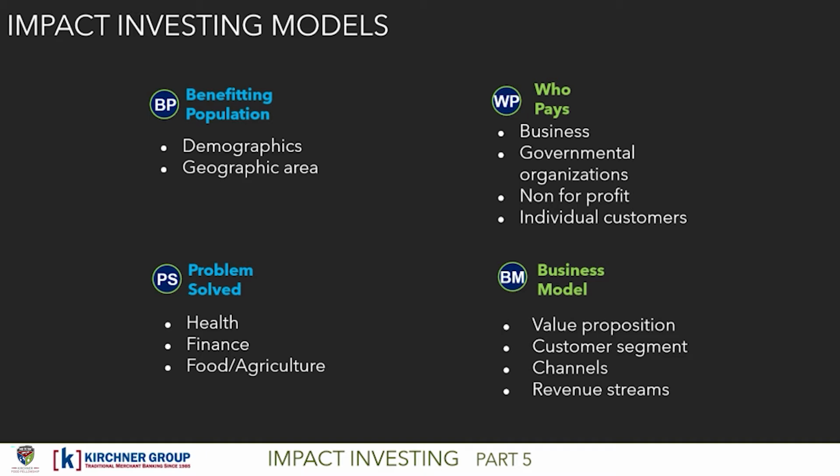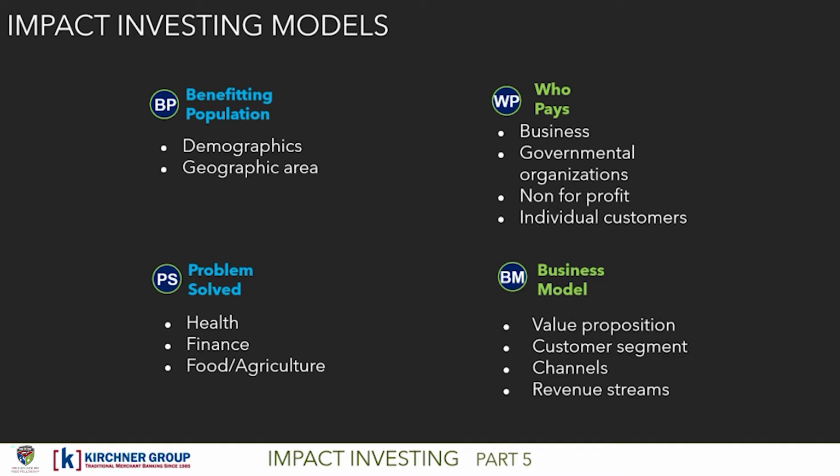The last point in this very quick 4-point summary is the business model. You need to know where the money will be coming from through your project, because that's something that investors will be very interested in. For example, in your business model, you have to be aware of the value proposition that you offer to your customer, meaning what you are offering to them that they perceive has some value.